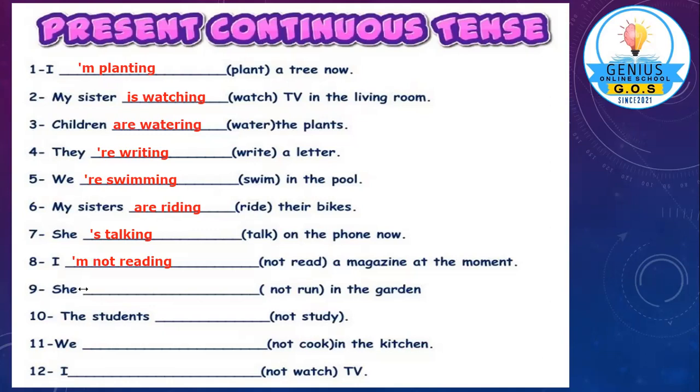Okay, and we can say she isn't running. Great. And we have here run ends with a consonant letter, before it a vowel letter. So we double letter N before we add ing.